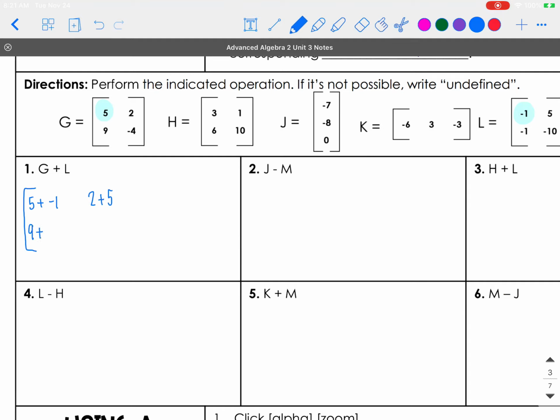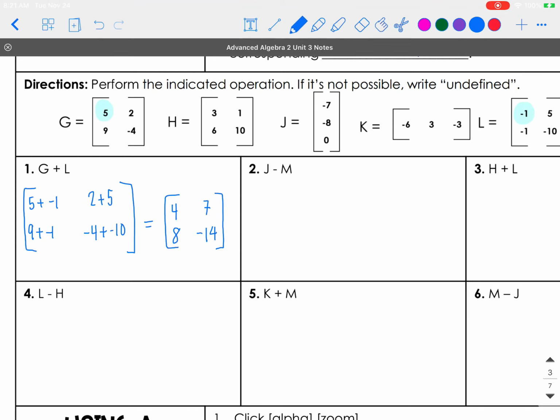And then go down 9 plus -1 and -4 plus -10. So 5 plus -1 is 4, 2 plus 5 is 7, 9 plus -1 is 8, and -4 plus -10 is -14.